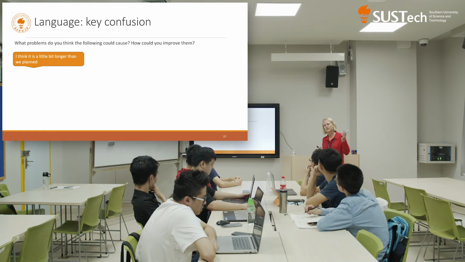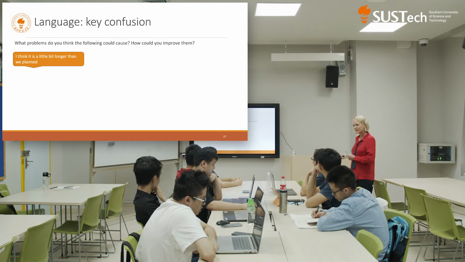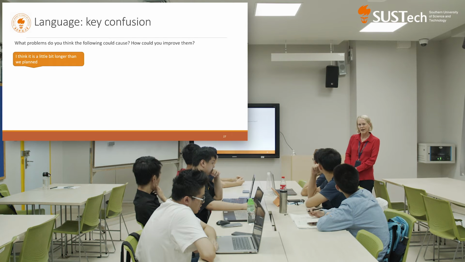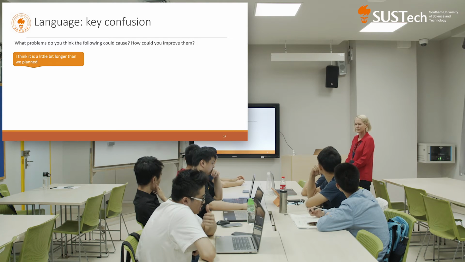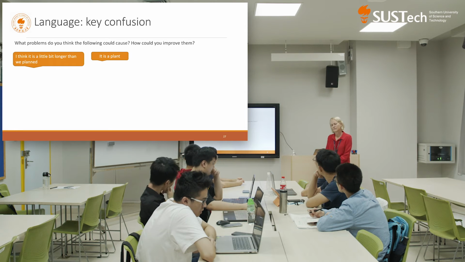Think about what Professor Guyen was saying about what kind of language you need to communicate. A little bit longer cannot be defined clearly. Basically, it is not quantifiable. Yes. So you need to know exactly by how much it is gone over. Very good. What about this?